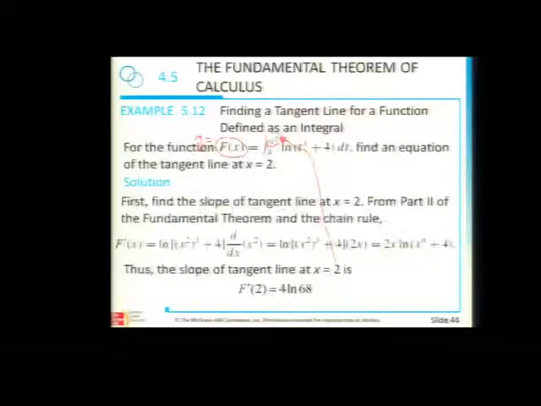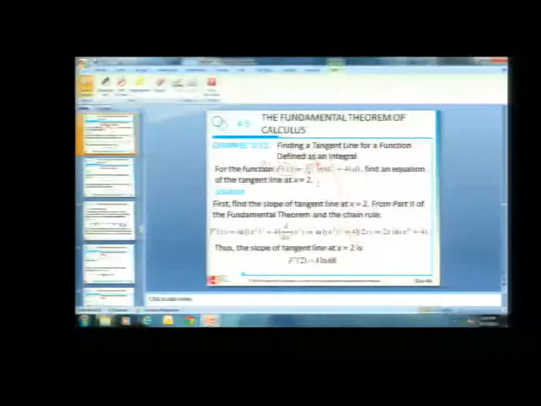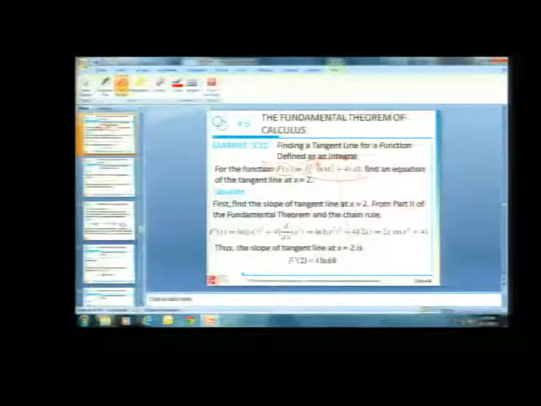Just to show you, let's look at this integral, not this example. Look at this integral. The variable of integration is t, right? We integrate something with respect to t. And in the substitution method, we are going to change this variable to something else, to u, let's say. Therefore, we want to change from dt to du.